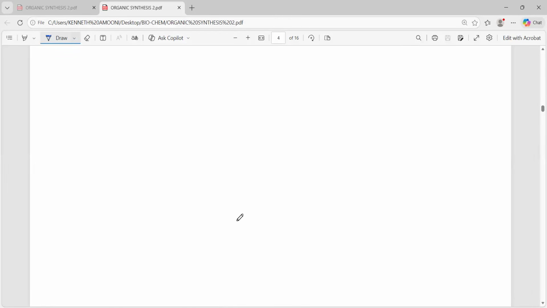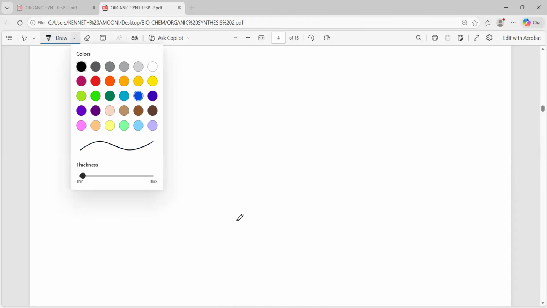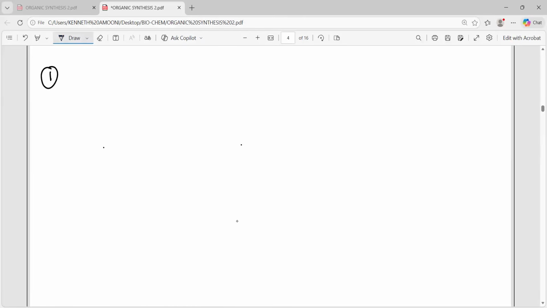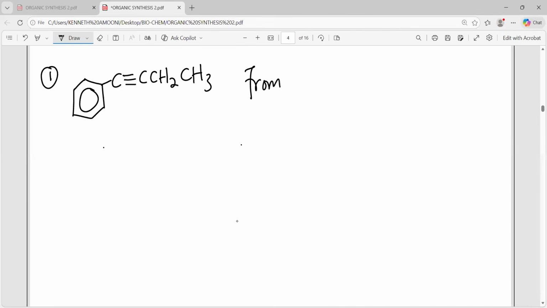So the first part is saying we are synthesizing that compound from 1-phenyl ethanol.